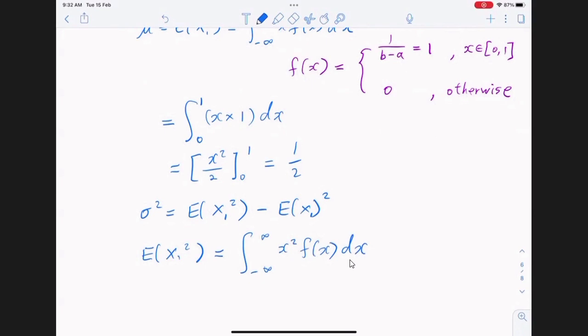Whenever you want to find an expectation, if you have a continuous type distribution, it is always computed by using an integral. And if we are calculating the expectation of a square, we just put a square of s and then multiply it by the probability density function, integrating over the whole range of data.